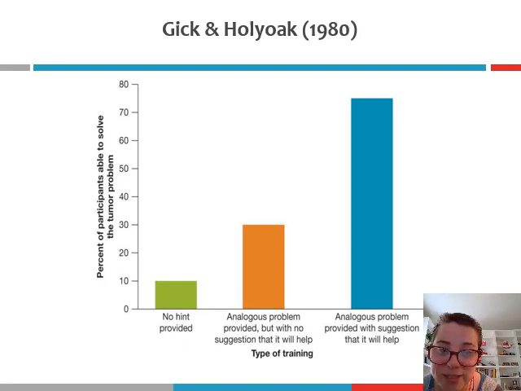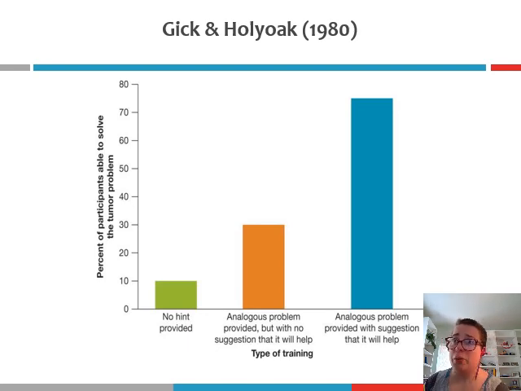This number jumped up to 30% when they were given an analogous problem, but they weren't prompted that the fortress problem could be used to help solve the radiation problem. And we got a little over 70% of participants to generate the correct solution when the fortress problem was provided with the explicit instruction that they could apply the same solution to the radiation problem.